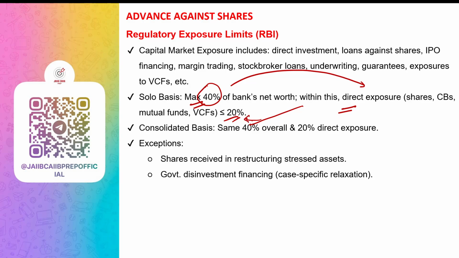And on consolidation basis as well, this limit remains the same, 40%, 20%. There are exceptions. So equity which is received due to restructuring of NPS, it is one of the exception. And secondly, loans for government PSUs disinvestment program which are specially approved by the RBI. So these two are the exceptions for this exposure limits.